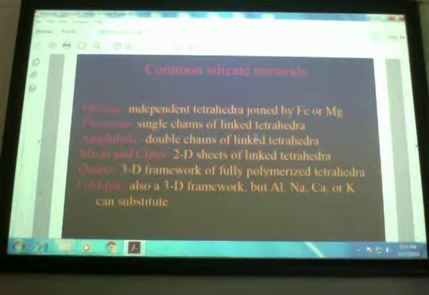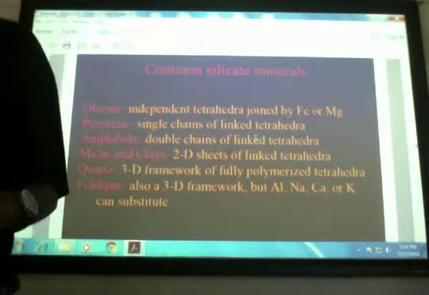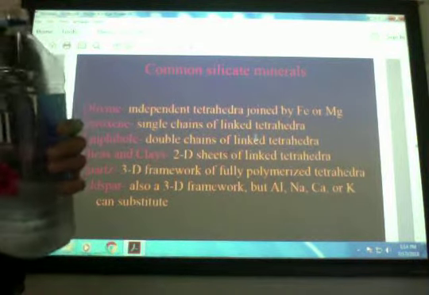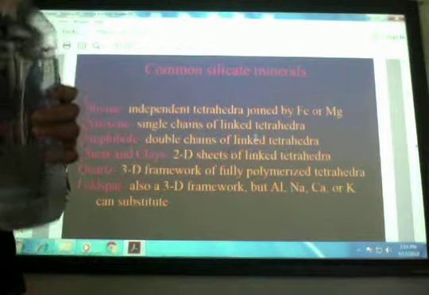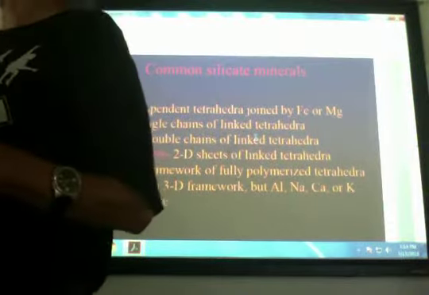Actually, instead of the aluminium or the iron 3 plus, you can also put in chromium. Chromium has also 3 electrons in the outermost rim, and then you have a pyroxene called kosmochlor. But that is not that common.